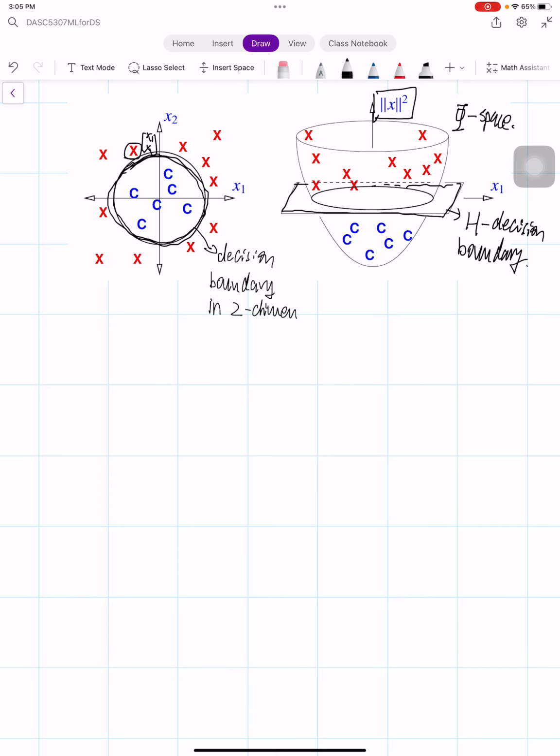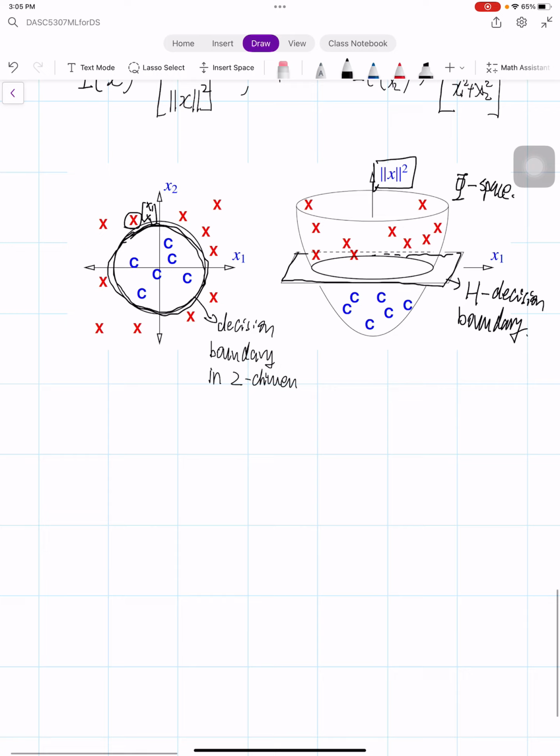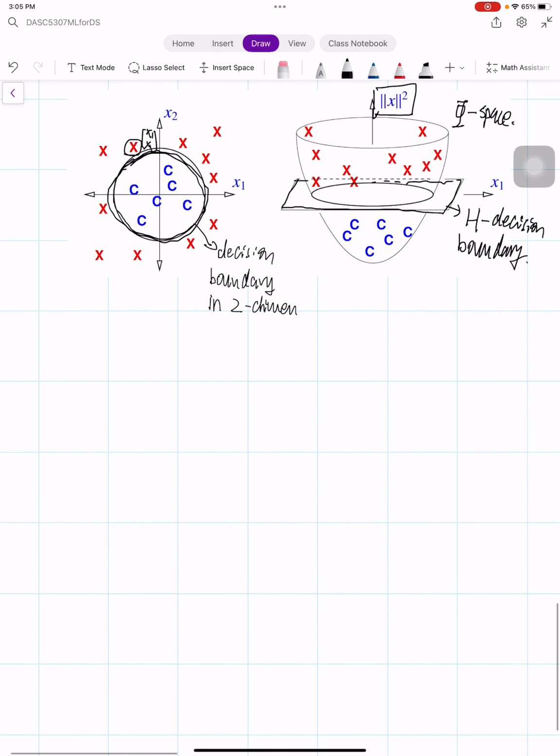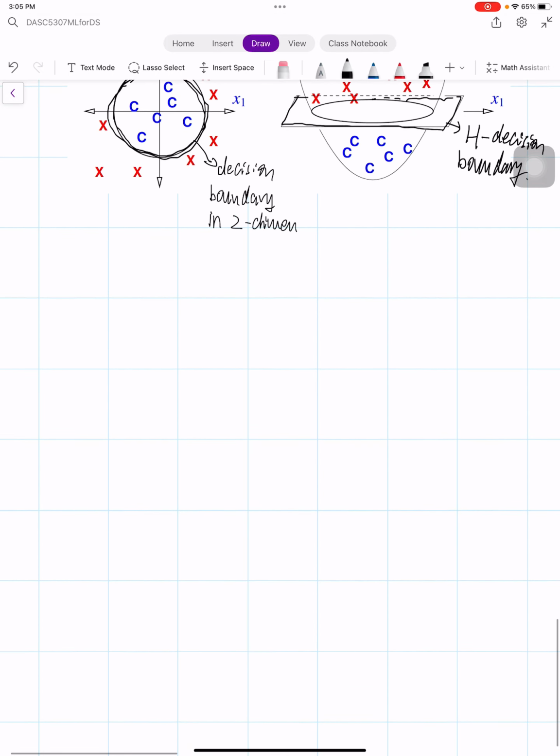Actually, there is a theorem. So now let's talk about the parabolic lifting map. There is a famous theory behind this simple trick.